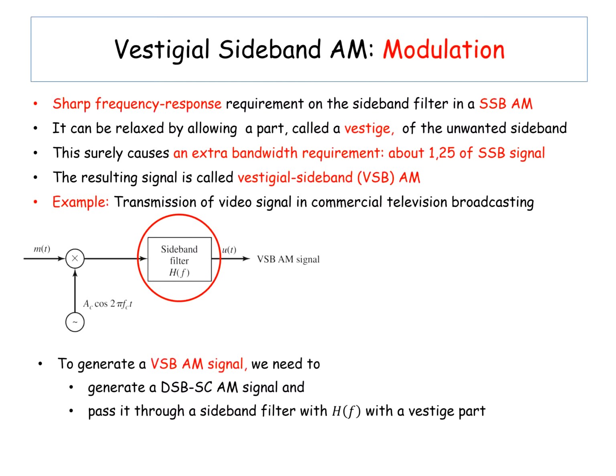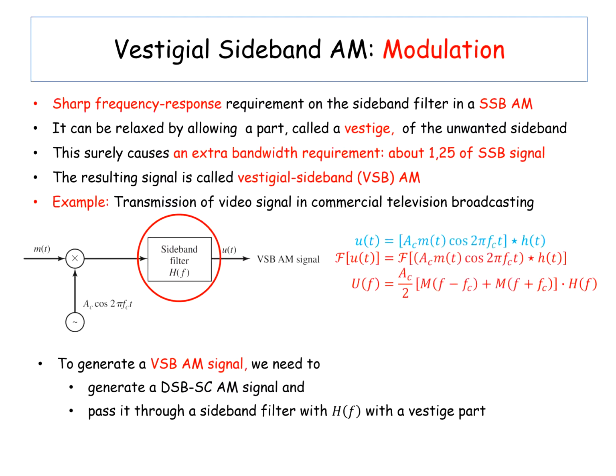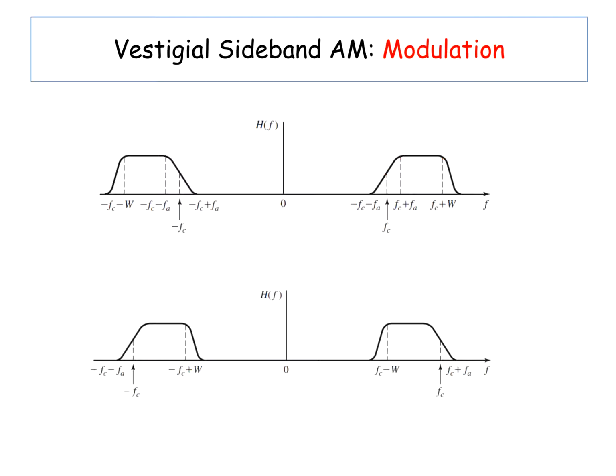To generate a vestigial AM signal, we have to produce a double sideband AM signal and pass it through a sideband filter HF with a vestigial part. The time and frequency domain representations of this process is given here. Two example sideband filters are shown in the slide.